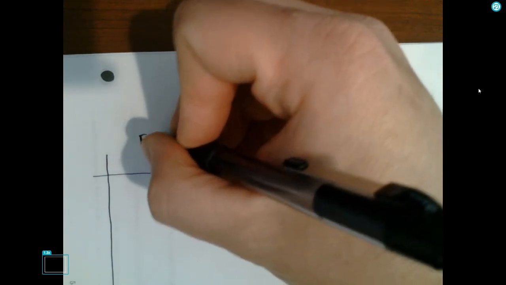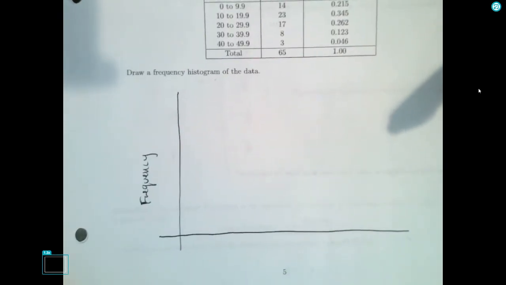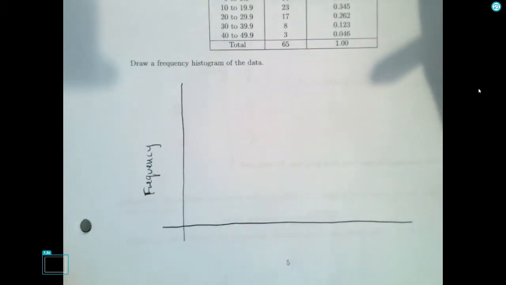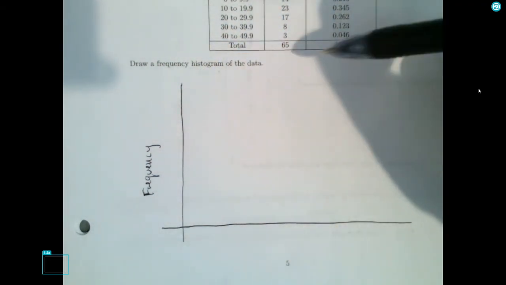And my frequencies need to be on the y-axis. I need to get all the way up to 23. So rather than writing a little dash 23 times, I might just go by 2s or 5s. 5 might not be enough: 5, 10, 15, 20, 25. It's going to be hard to tell, so maybe I'll go by 2s, right?